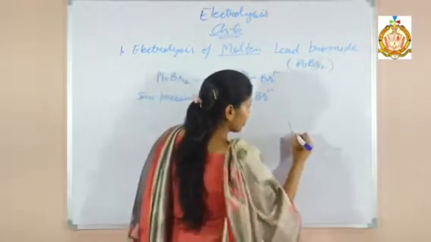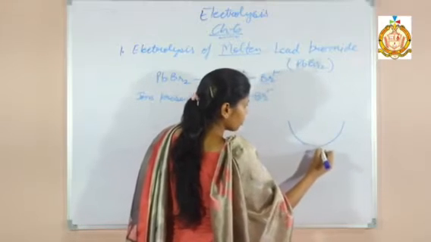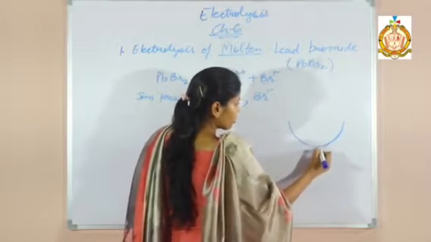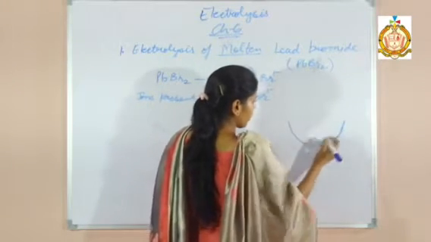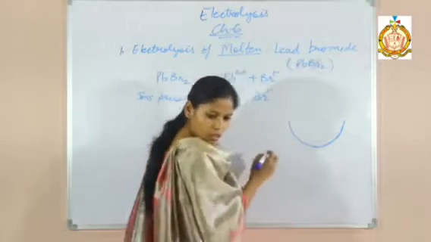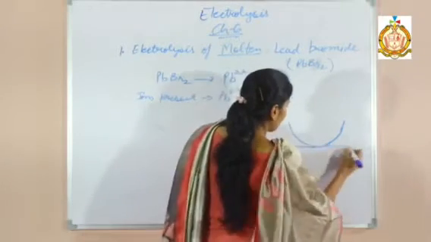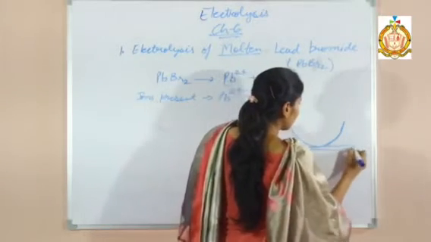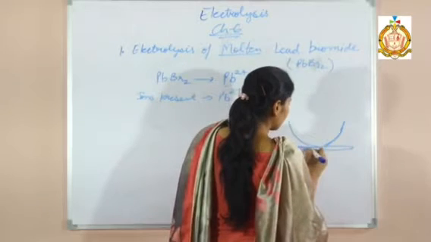electrolytic cell diagram is here. This is made of silica. It is known as silica crucible. It is non-reactive, and there is a source of heat because it requires around 300 temperature.